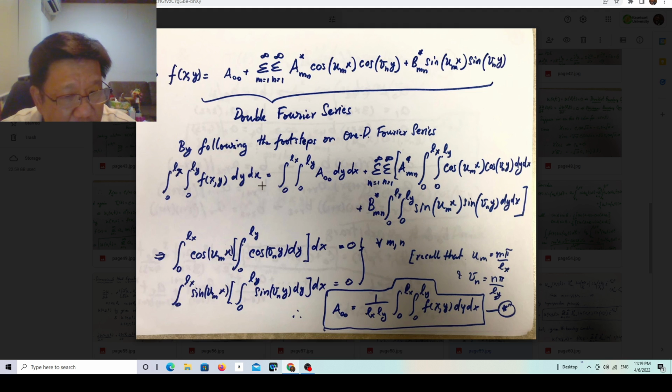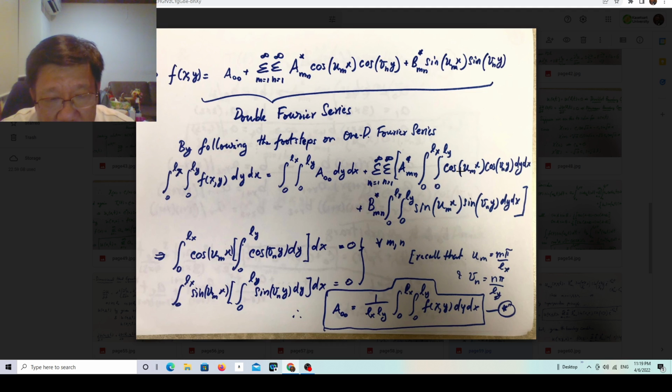We're going to integrate over the whole range of x and range of y on both sides, and after this, with f of x, y on both sides, you can see that you find the integration of cos and sine. And if you might recall, I'm not going to go through this again, we have done that.